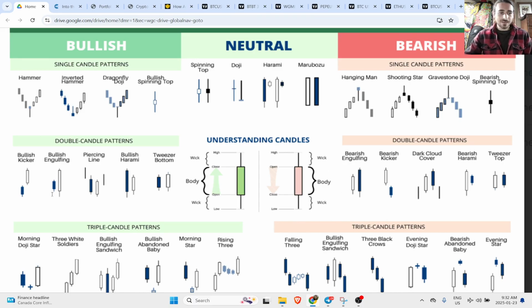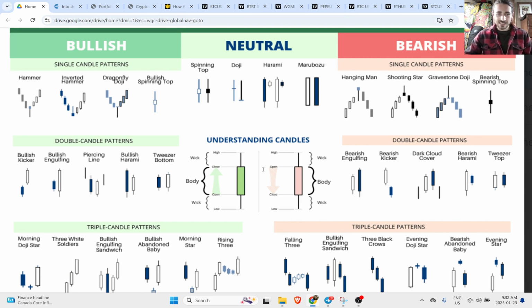Bullish engulfing and bearish engulfing essentially means that the subsequent candle after this one is the reverse. So if this is a red candle, then this would be a green bullish candle, and it's going to fully encompass the entirety of the previous candle. And on the other side, if you have one fully engulfing the previous candle and it's red, it's going to be that bearish candle.